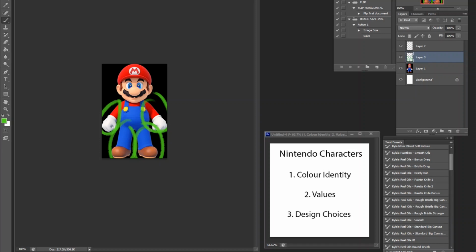So you know from looking at Mario immediately what type of character he is. He's very strong limbed, and that is really good design. We know from looking at him what he would probably do in a particular situation. He's gonna use his fists and feet.